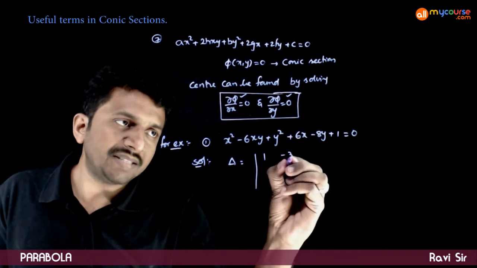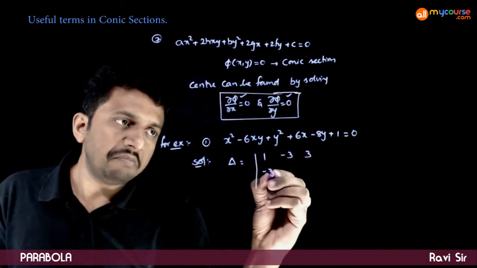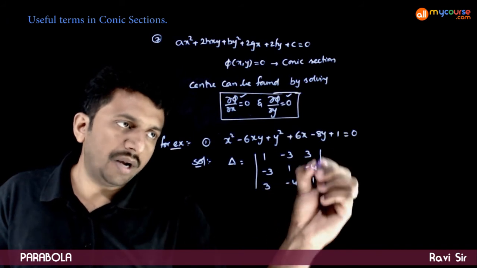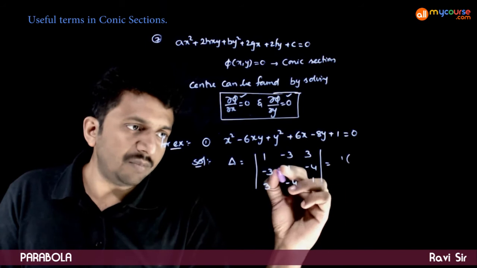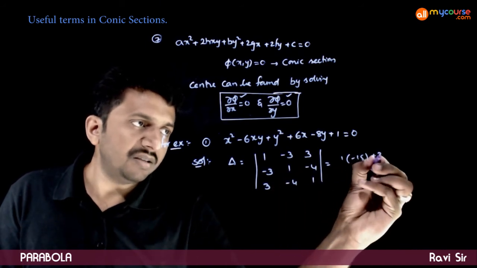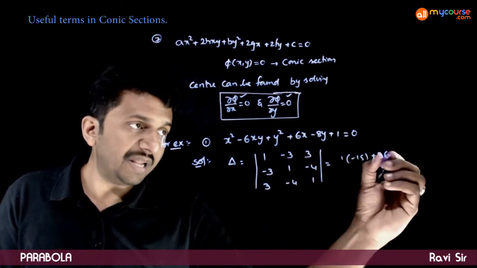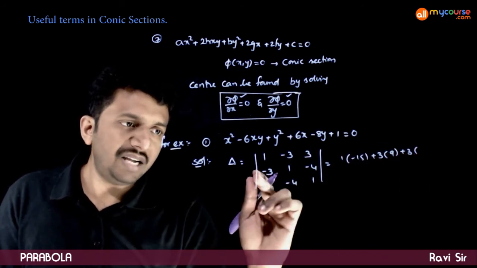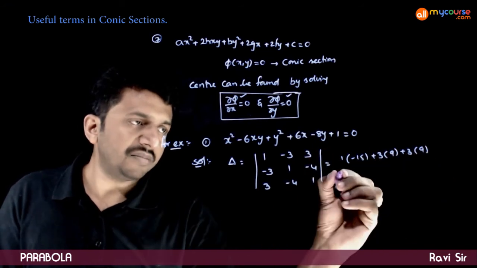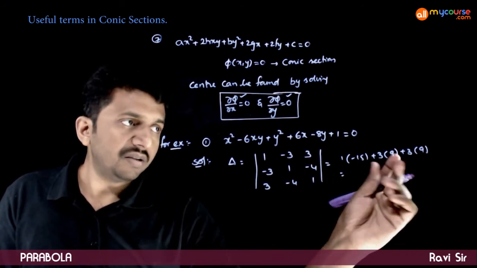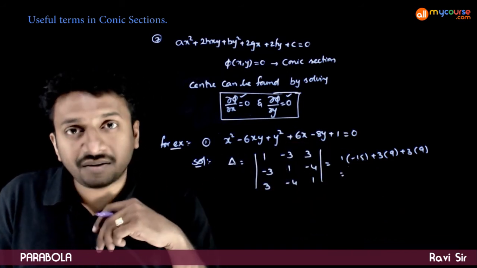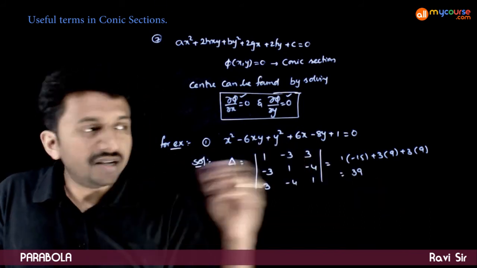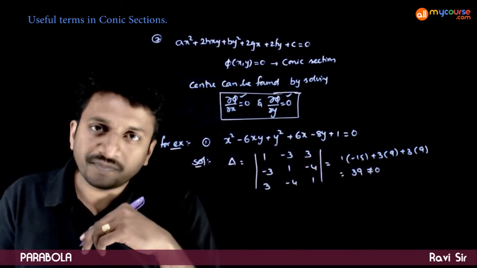That is 1 times 1 minus 16, which is minus 15, plus 3 times minus 3 plus 12, plus 3 times 12 minus 3, which is 27 plus 27, 54 minus 15 is 39, which is not equal to 0.